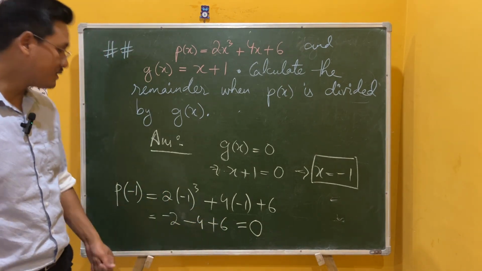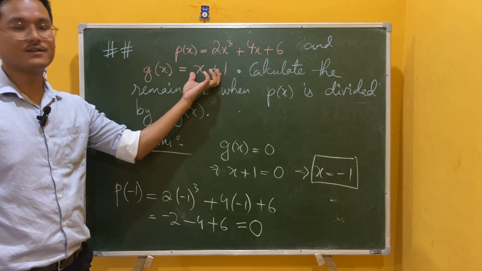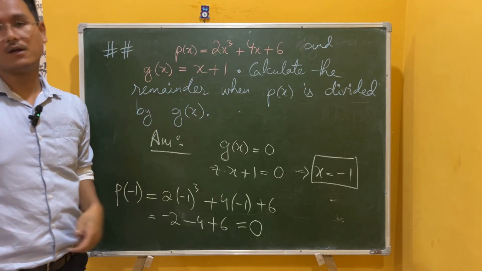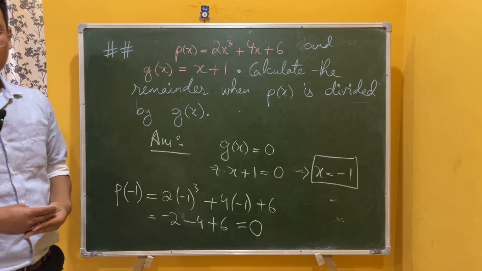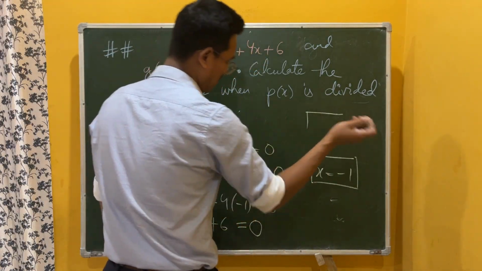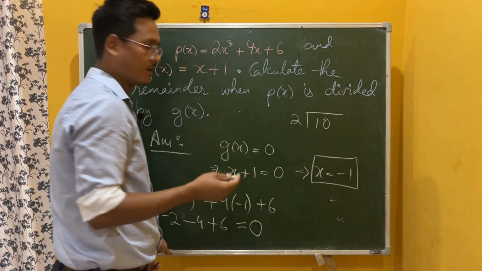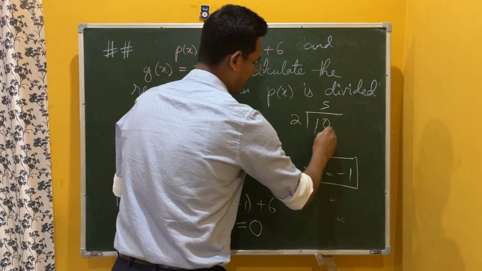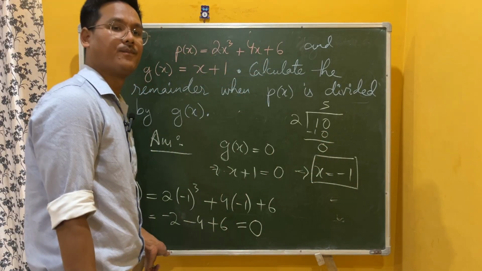Remainder is 0 means the one which is dividing, the divider, is a factor of the given polynomial. Means it's exactly dividing. For example, if you were dividing 10 by 2, so 2 times 5 is 10, so remainder is 0.